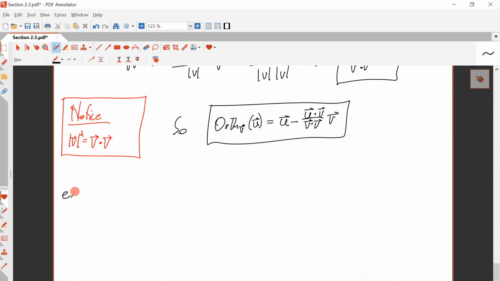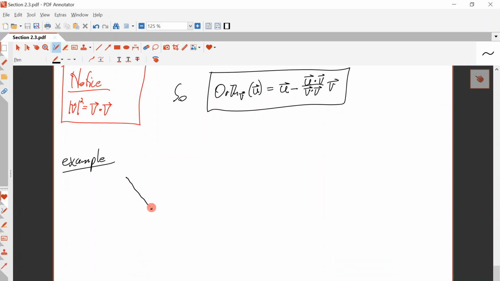So for example, let's take u equal to 1, 2, 2, and v, excuse me, equal to 3, 3, 0.